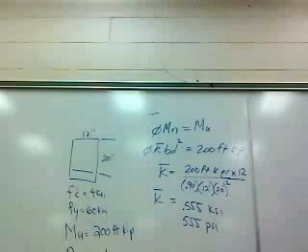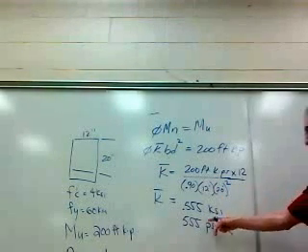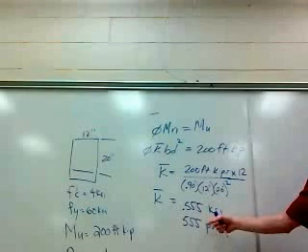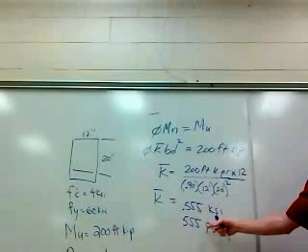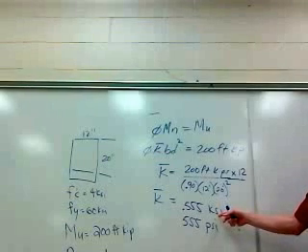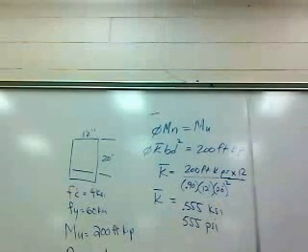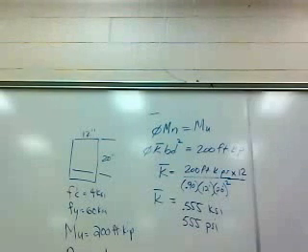I'm going to look for a K bar that's 555 PSI, or in this case, 0.555 KSI. So I look down through these tables.